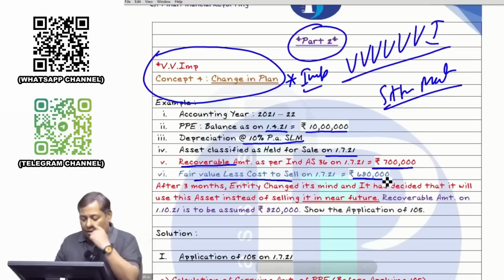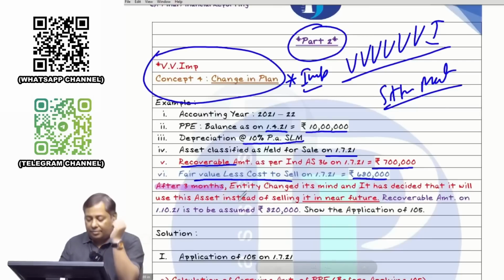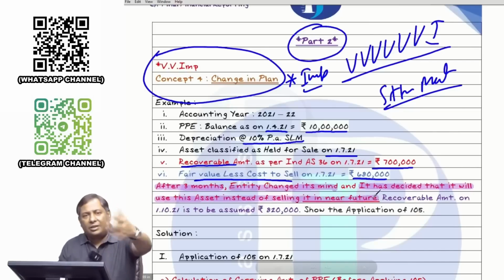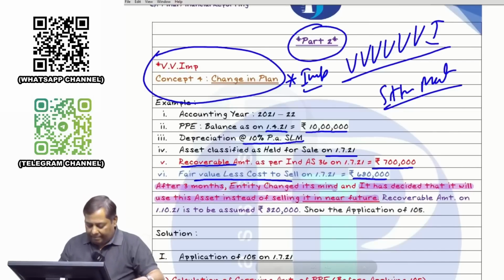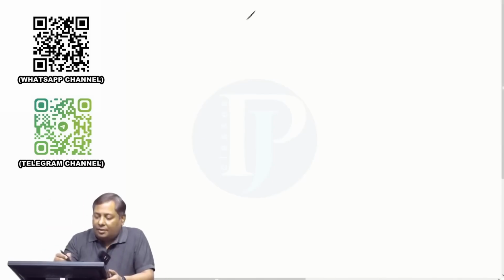Look here. What did I write in the example? After 3 months. So the entity has changed its mind. It has decided that it will use this asset instead of selling it in the near future. They don't want to sell it, they will use it. What should we do? Now we start from the beginning.